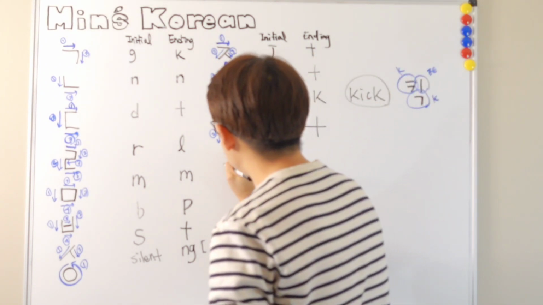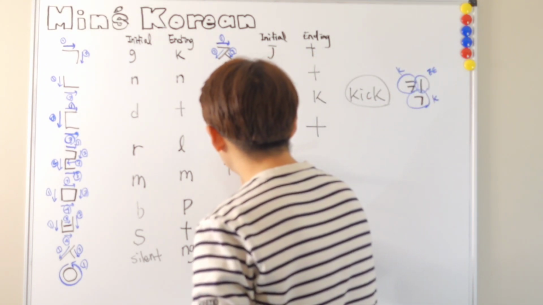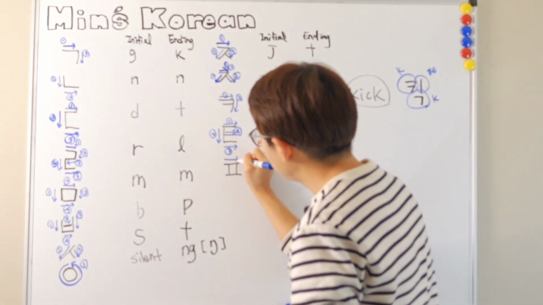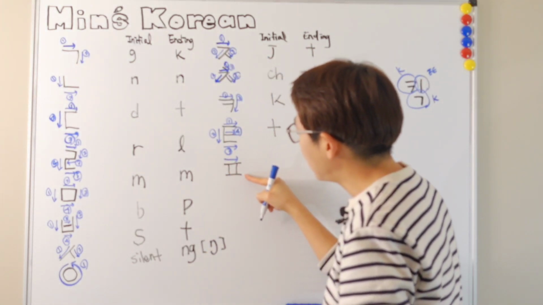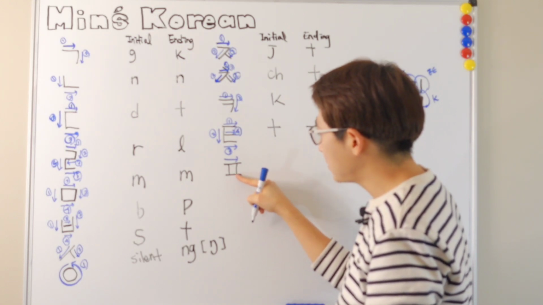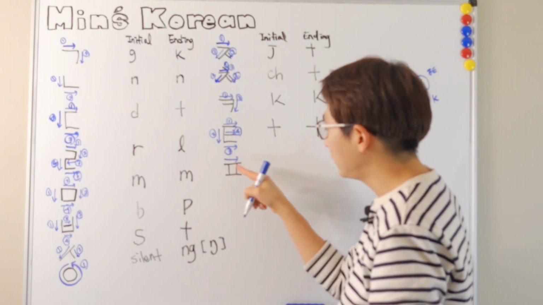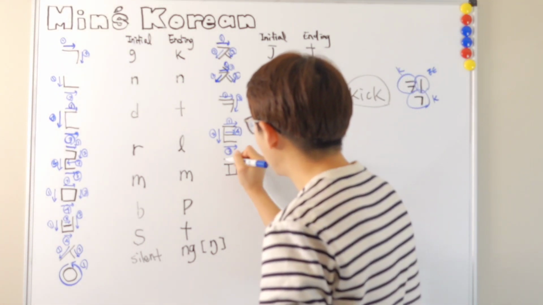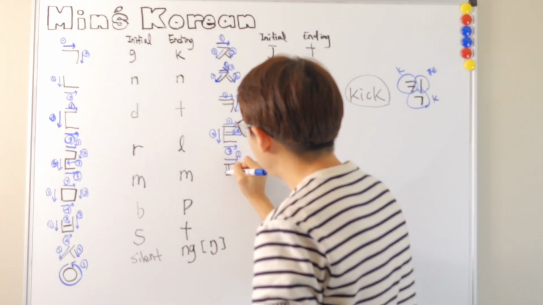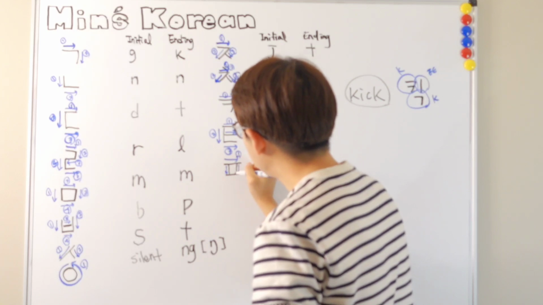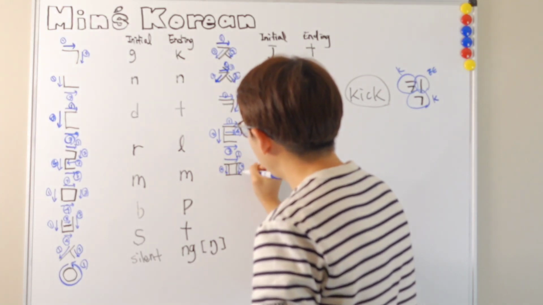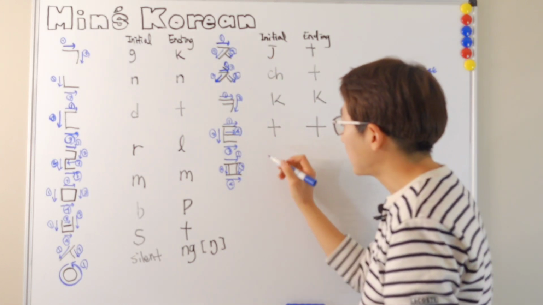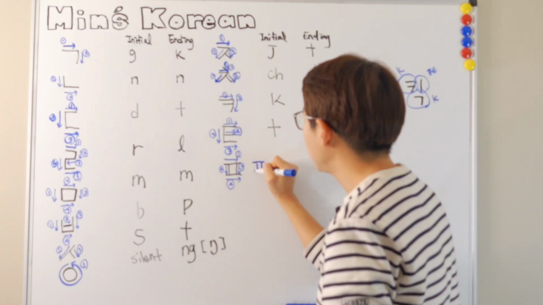The next one is 1, 2, 3, 4. Okay, so these two lines are almost parallel, and these two are almost parallel. So 2 vertical and 2 horizontal strokes. Okay, so 1 and 2, 3 and 4. So few more practices. 1, 2, 3, 4.